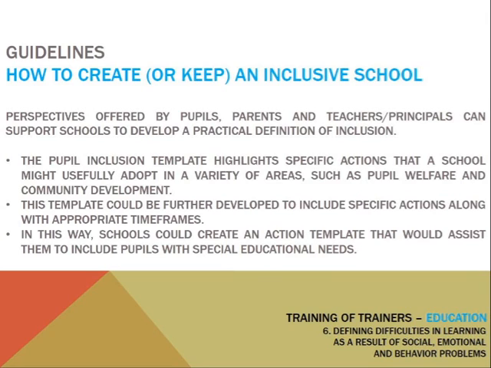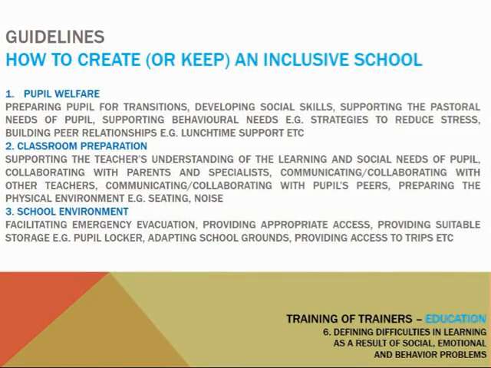Second, classroom preparation: supporting teachers' understanding of the learning and social needs of pupils, collaborating with parents and specialists, collaborating with other teachers, communicating and collaborating with pupils' peers, preparing the physical environment.